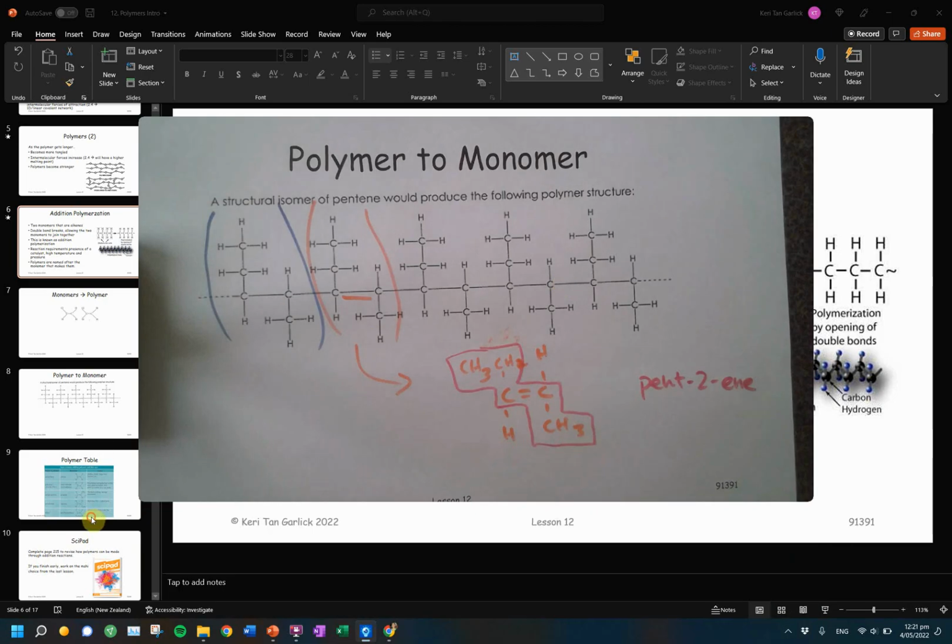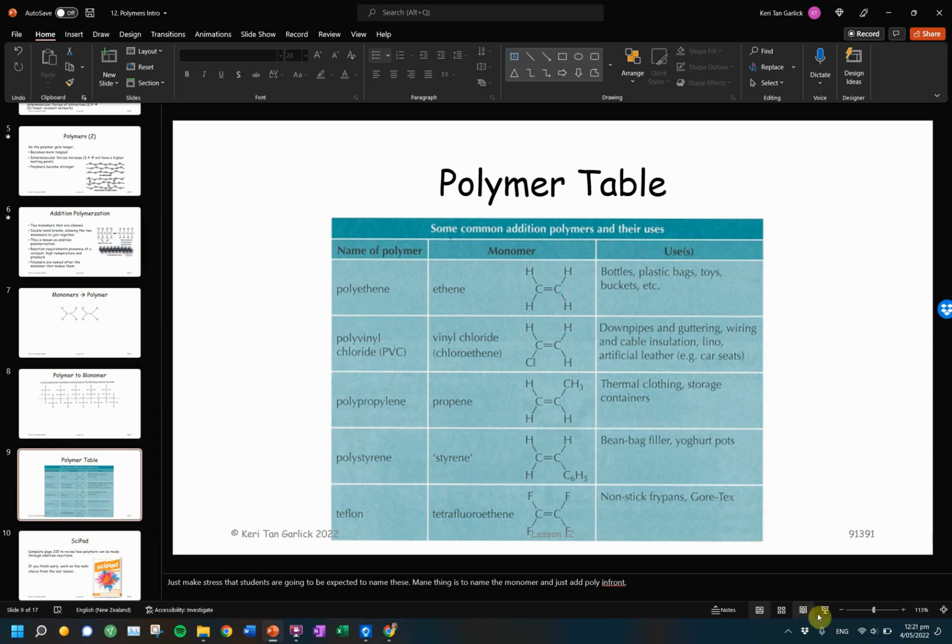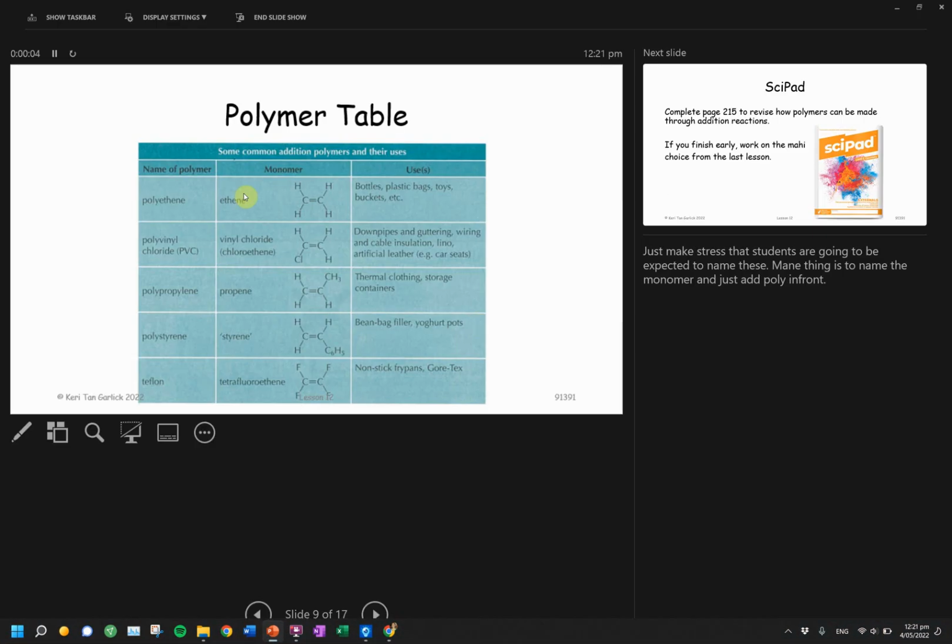Cool. So I just want to show you guys some common polymers. Actually, no, I don't think we've looked at any of these in my examples. So for example, this one here is ethene, and if I was going to name it, I just call it polyethene. And there's some description on what we use it for.